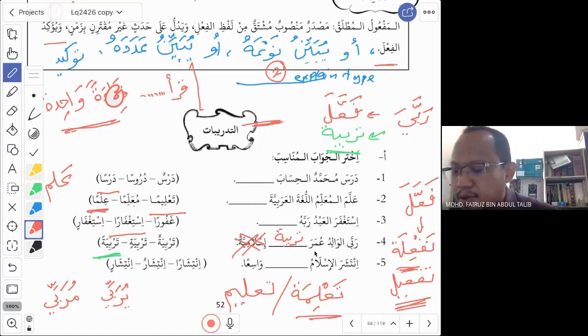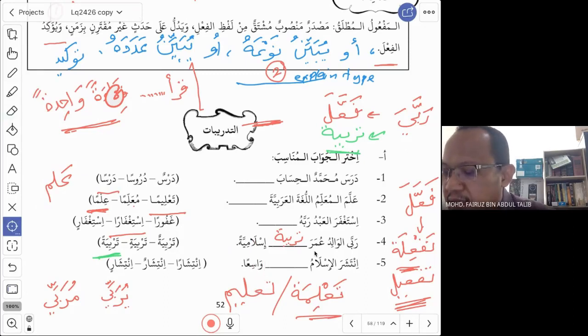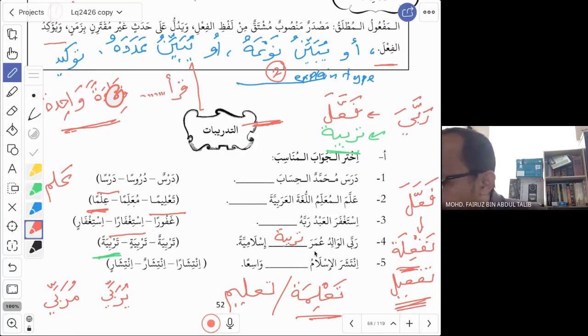But now you see there is another word which is an adjective to the word tarbiyah. Most of the time they will be similar in terms of the ending: tarbiyatan islamiyatan. So this is an adjective to it. When you have an adjective to the maf'ul mutlaq, this is no longer to emphasize.